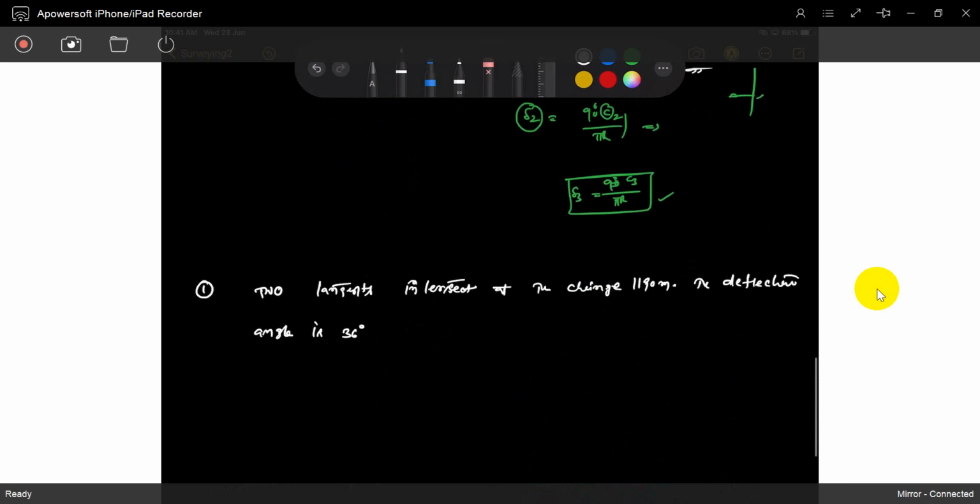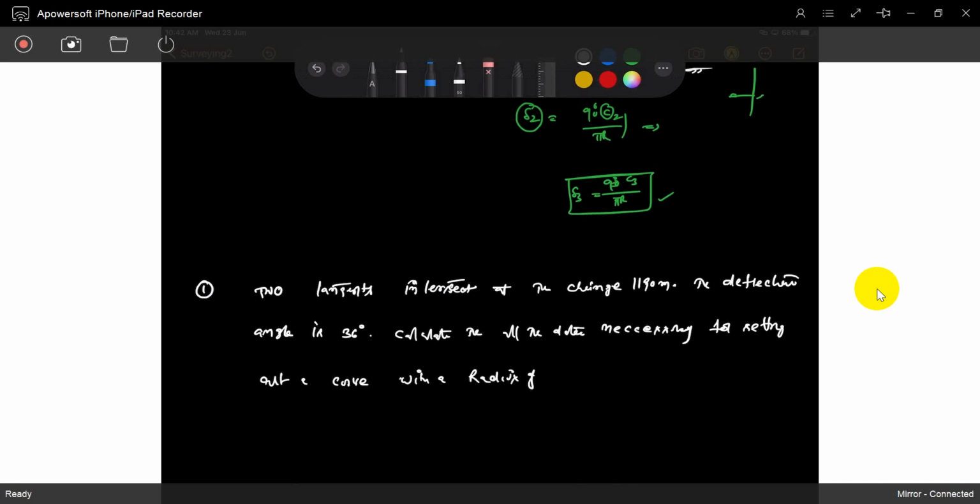Okay. So 36. Calculate all the data necessary for setting out a curve with a radius of 300 meters by Rankine's method.